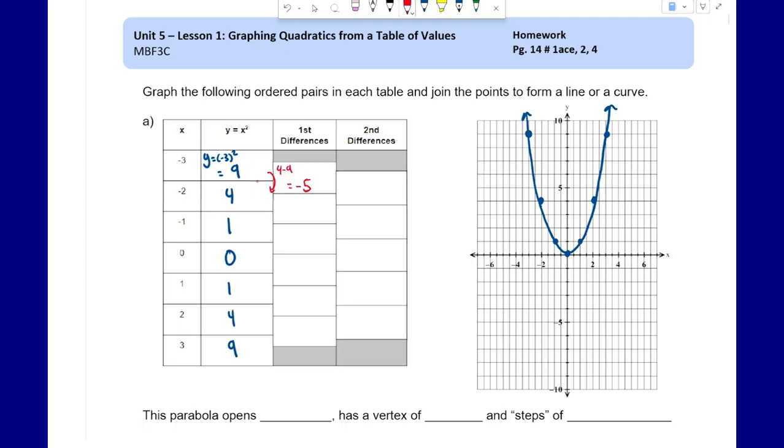So from 9 to 4, that's a decrease of 5. From 4 to 1, or 1 minus 4, that is a decrease of 3, or -3. 1 to 0 is -1, 0 to 1 is 1, 1 to 4 is 3, 4 to 9 is 5.